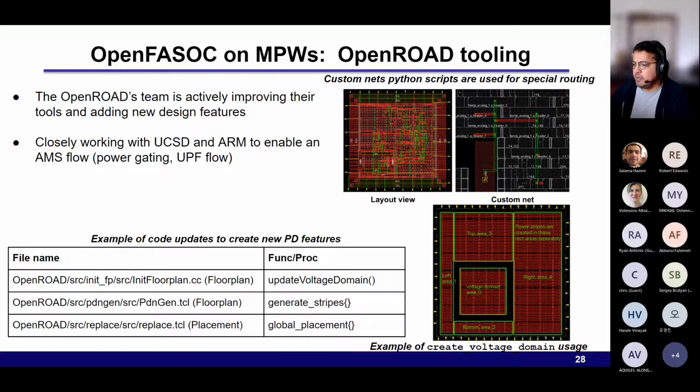The other thing I'd like to mention here is that as members of the OpenROAD team, we have tried to develop OpenROAD to include features that would enable OpenFASoC generators. We have enabled commands such as create voltage domain that allowed us to have a fully open source temp sensor. An example of that is shown on the die photo on the right, and I have added the functions we had to add or update to achieve that.